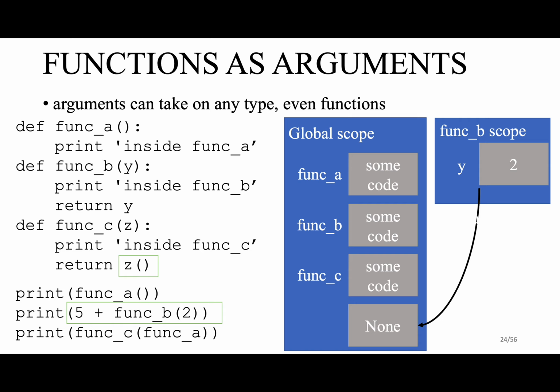Next, in this slide, if you try to call number 2, when you call function b with an integer number, similarly, it will create a function b scope and try to execute the function body. Oh, I'm sorry, I made some mistake here.